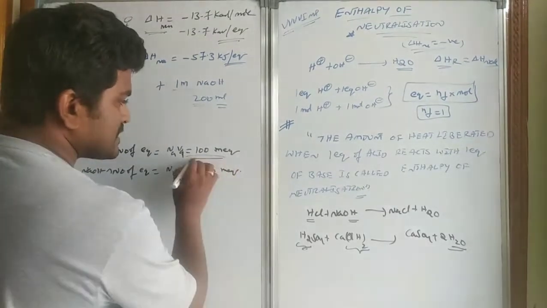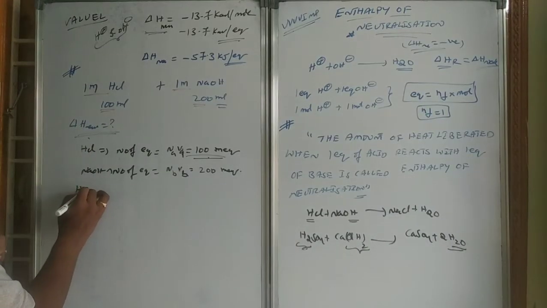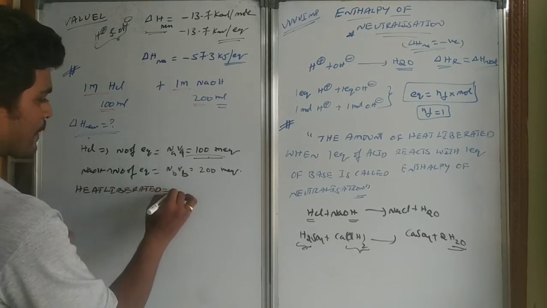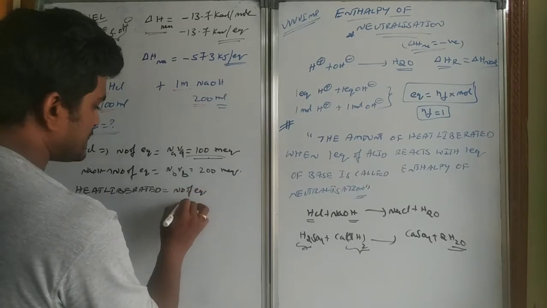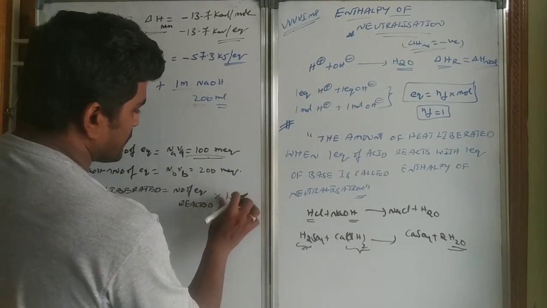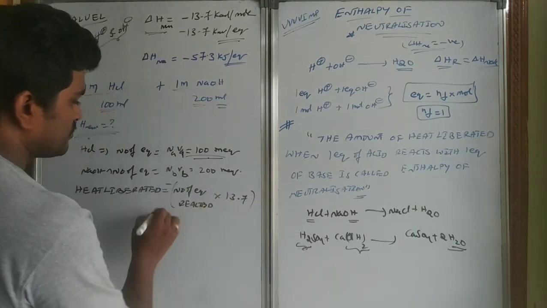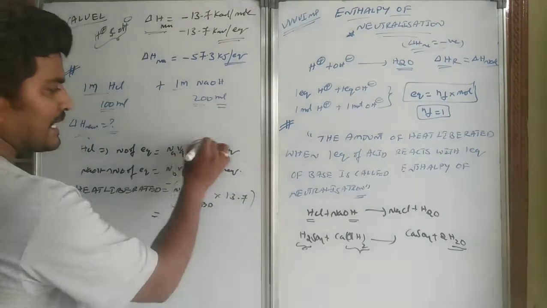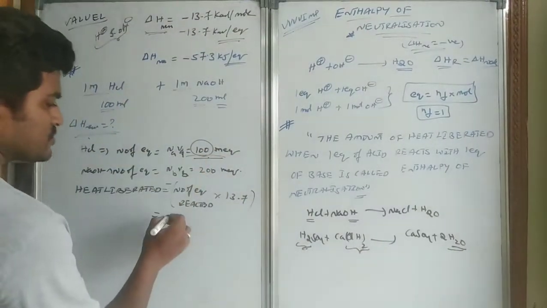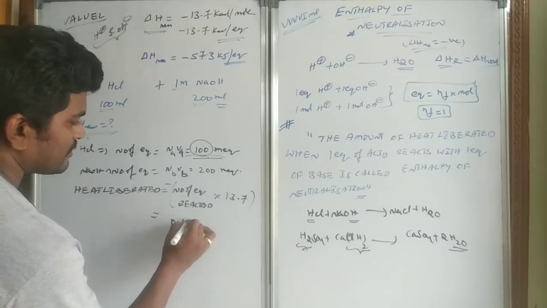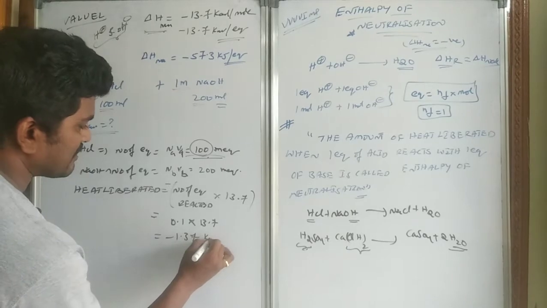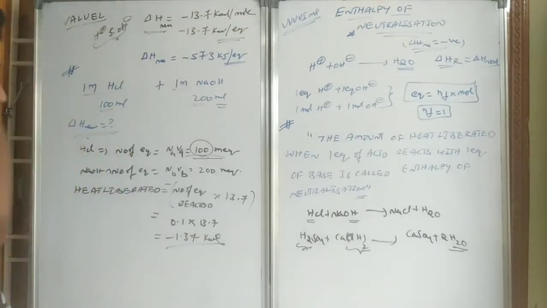Which is less? HCl is less. So the heat liberated equals the number of equivalents reacted into 13.7, and the whole value will be minus. Whatever is the lower quantity, that will be reacting. So 0.1 into 13.7, so minus 1.37 kilocalories of heat will be liberated.